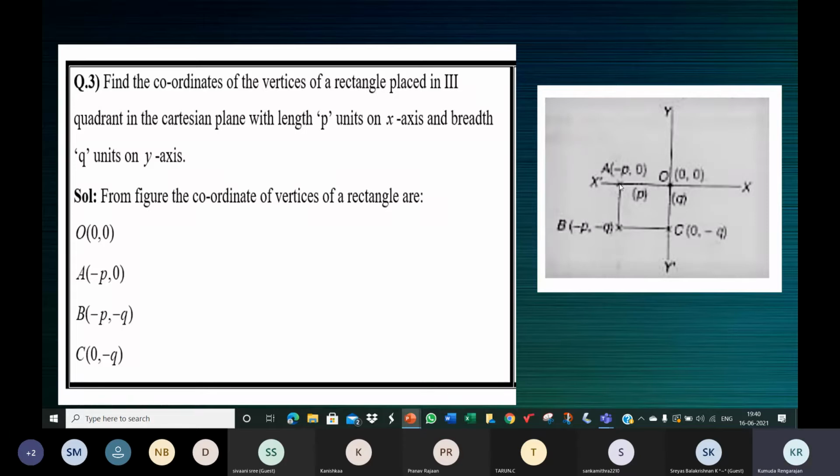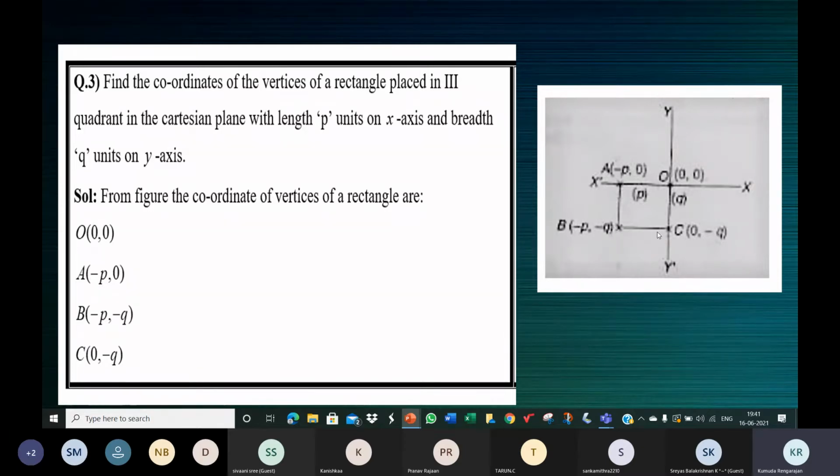And you know this, children, supposing this one is minus 5. See, I'm using the mouse pointer. If this is minus 5 and this is minus 4, then the coordinate of this point will be minus 5 comma minus 4.